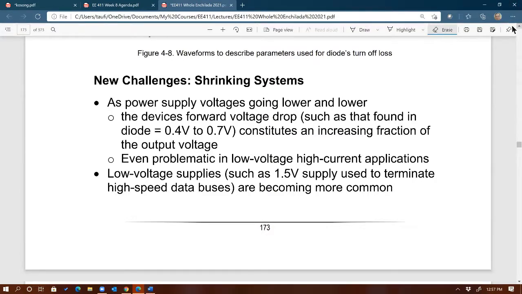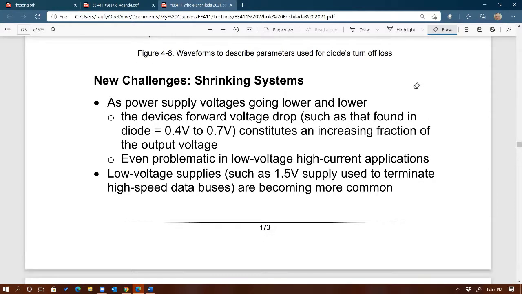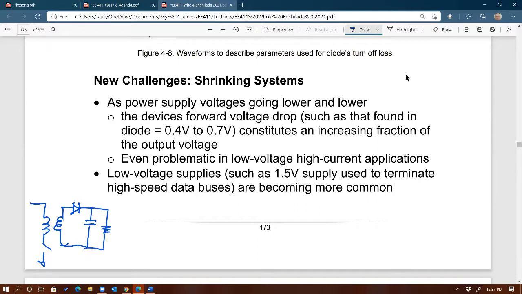If not, let's see the technical issues that we can encounter when you have forward drop across this diode. If you think about a buck converter, for example, or actually flyback is probably a good one. You have a MOSFET on the primary side, and then you have this diode on the output.